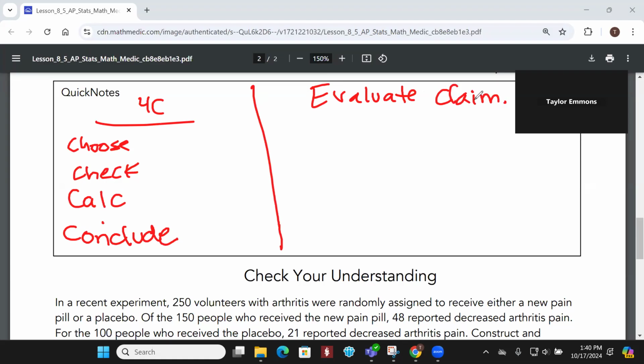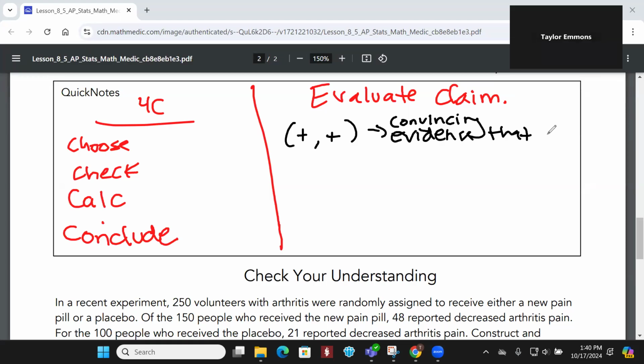If we have an interval that is positive, positive, then we have convincing evidence that the first proportion is greater.